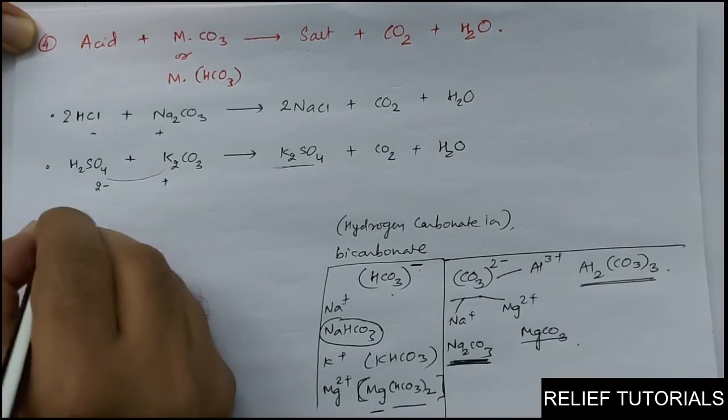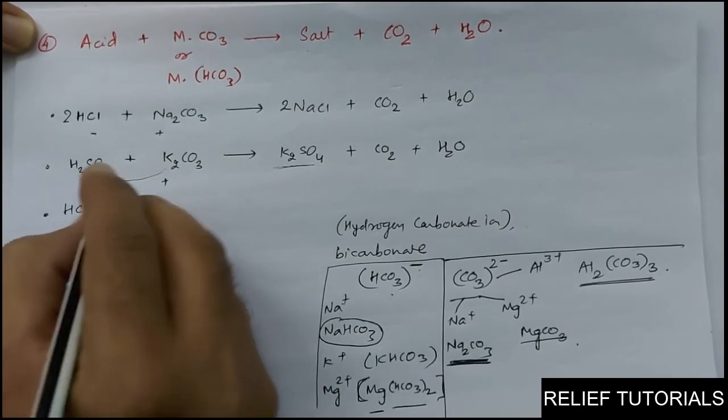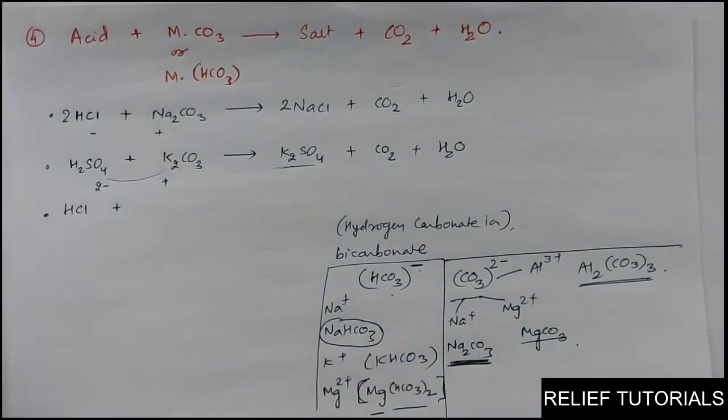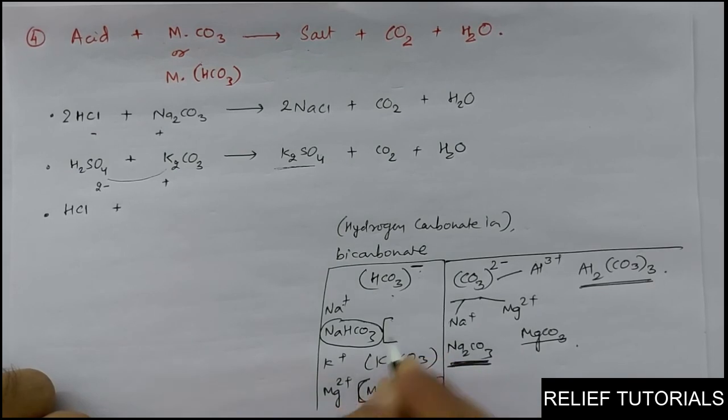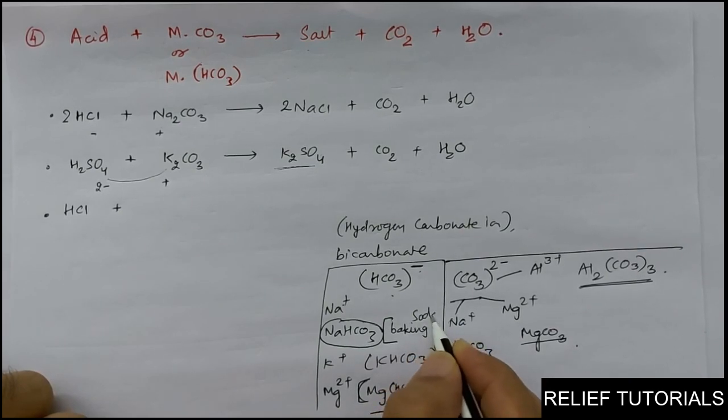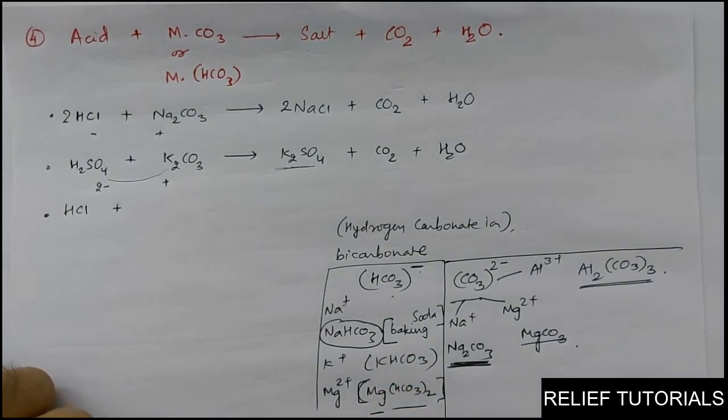If I say one of the bicarbonates, let us say HCl reacts with NaHCO3. You might be aware that NaHCO3 is also called baking soda. Sodium bicarbonate is baking soda.